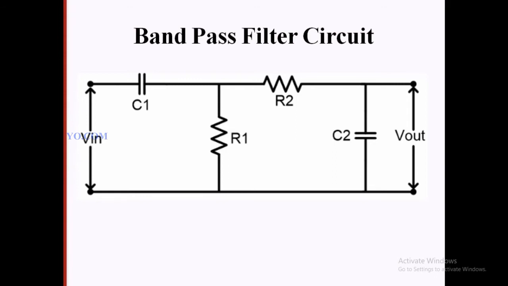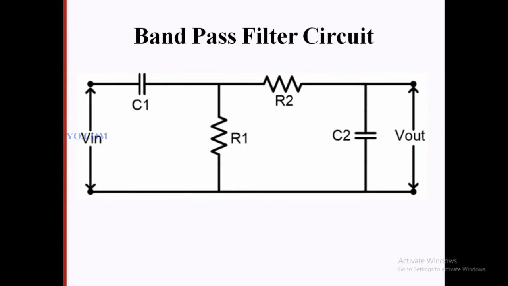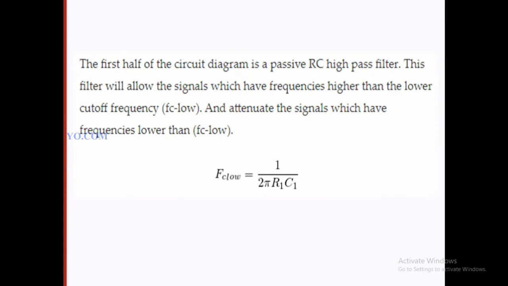So these two filters act as individual high pass and low pass filters, and together they produce a band pass filter. Here the input side has the high pass filter, and the output side has the low pass filter.